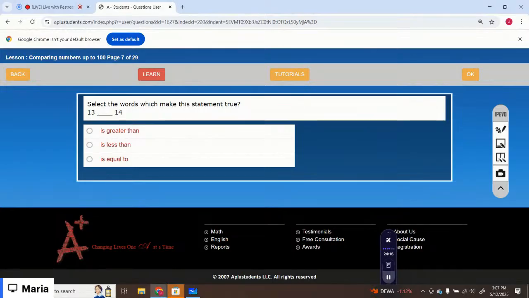Select the words which make the statement true. 13 is less than 14. The correct option is less than. Option number 2 is the correct option.